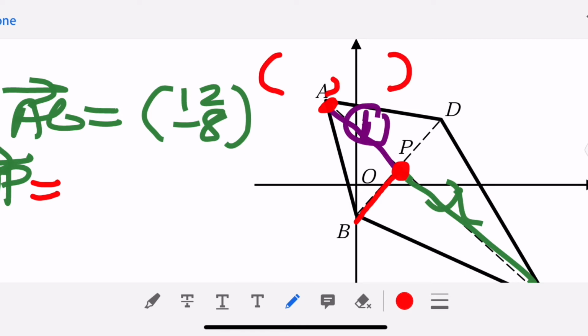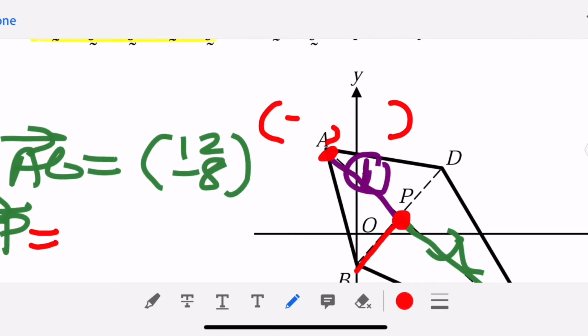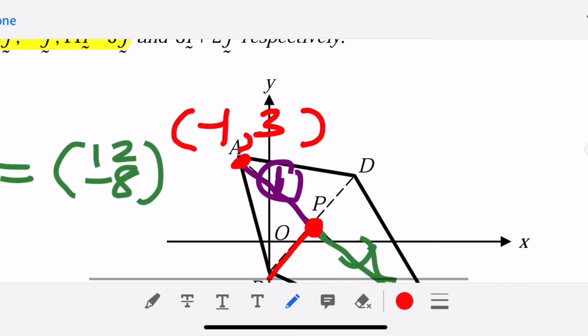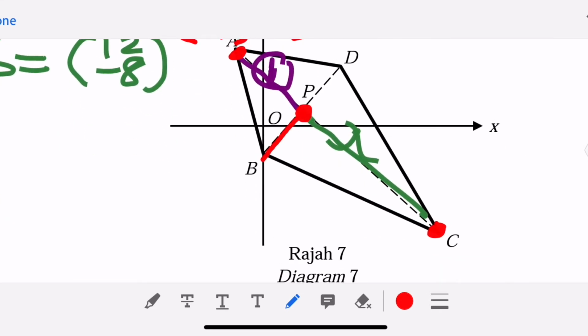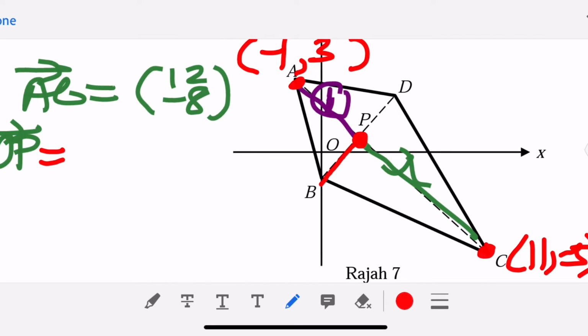This is negative 1 and 3. Then the point C was given: 11 and negative 5. Now let's use the ratio theorem that you learned in coordinate geometry. It's the same as what you learned in a straight line.